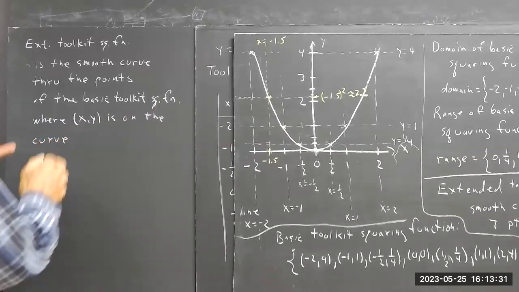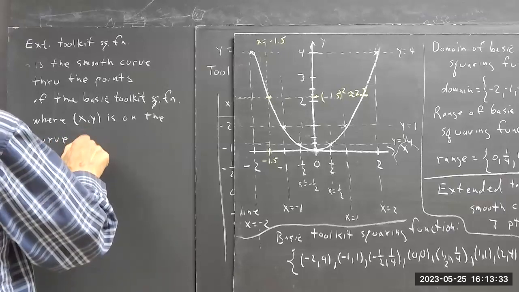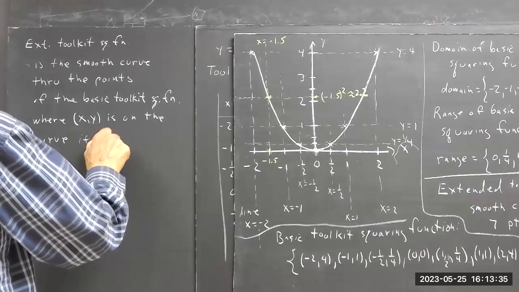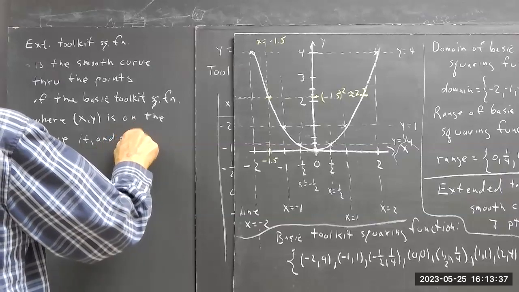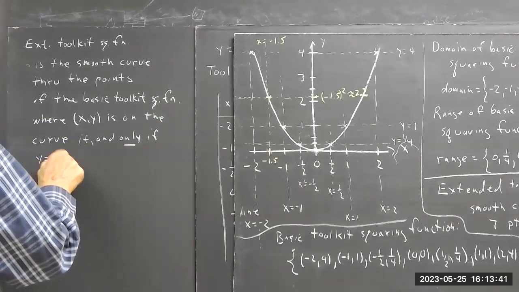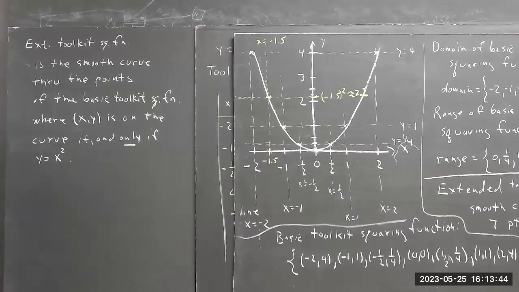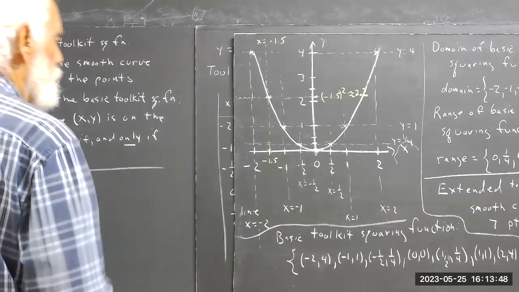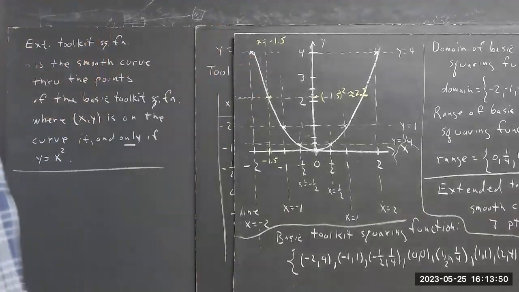That's why a point is on the curve if and only if y equals x squared. And we can use this to make estimates.